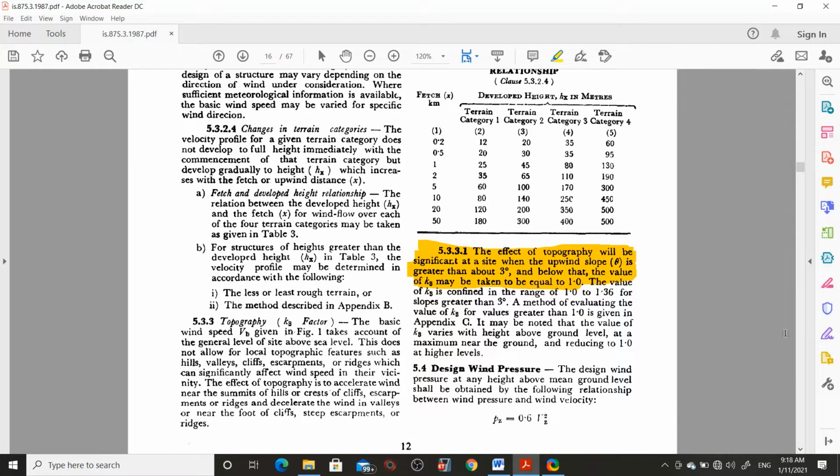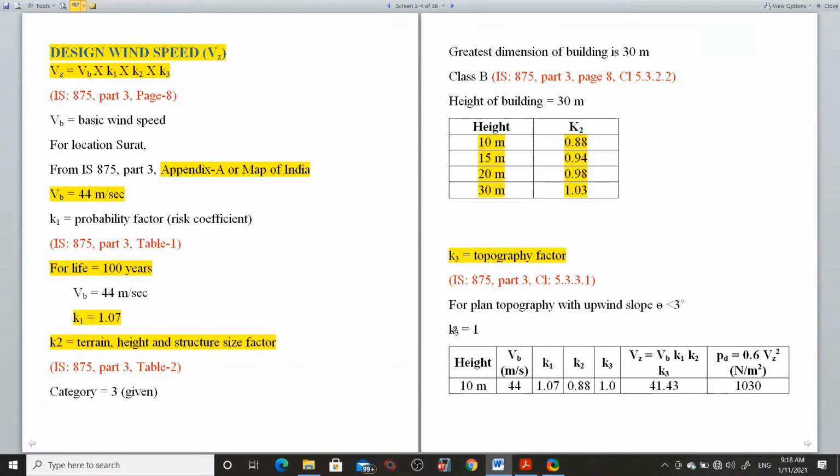If the upwind slope is greater than 3, the value will change. But here the upwind slope is less than 3, so K3 may be taken as 1. A simple phenomenon. So K3 is 1.